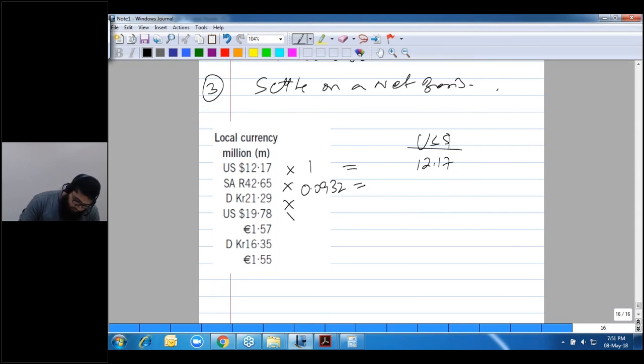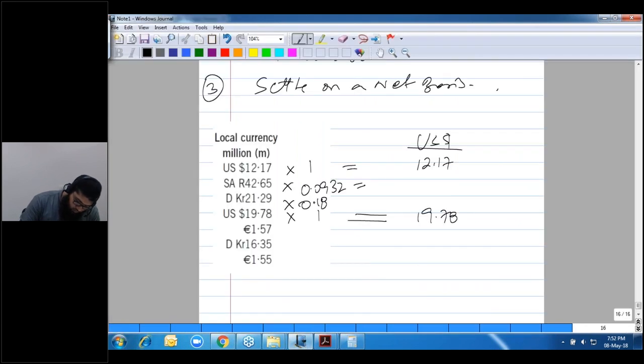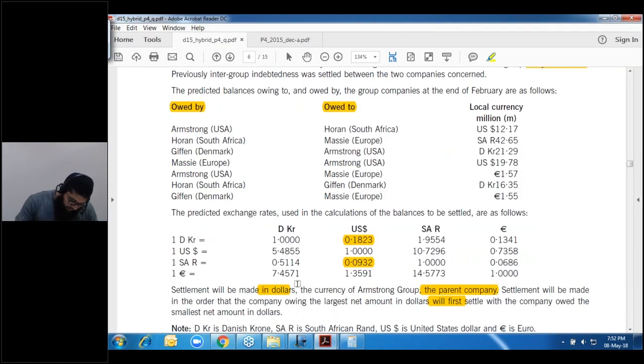This DKR is going to be multiplied with, again, the rate 0.1823, and then the euros. If we have euro 1.55, it's going to be multiplied with the rate of 1.3591.